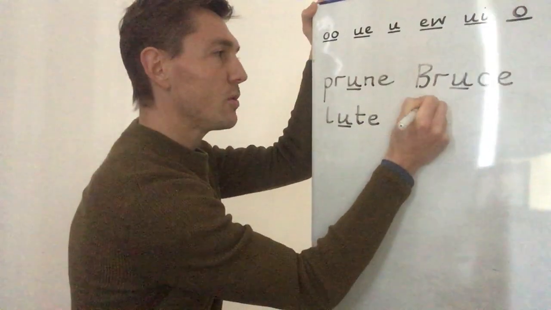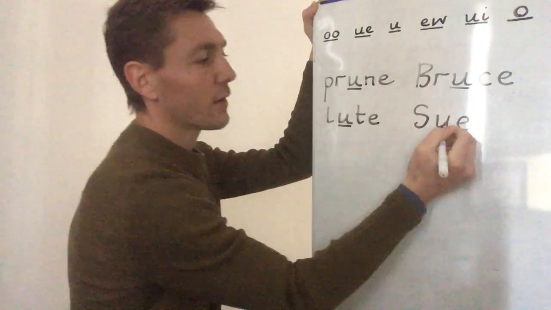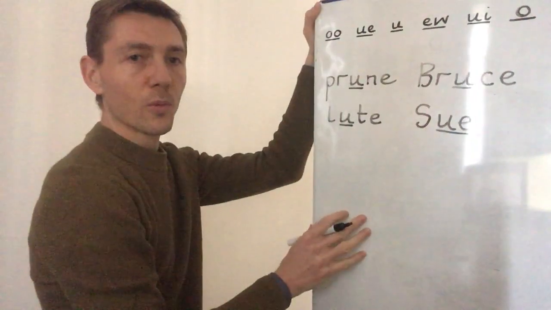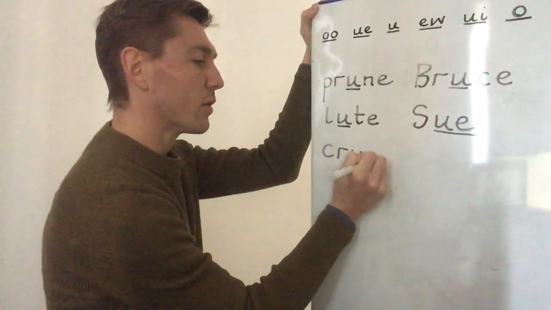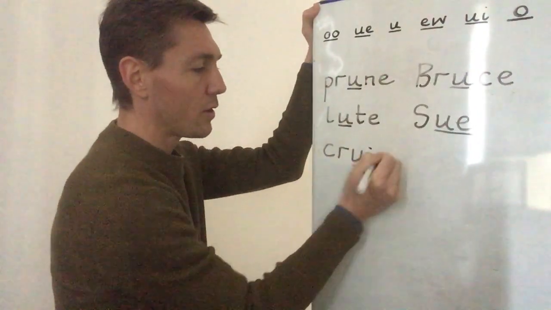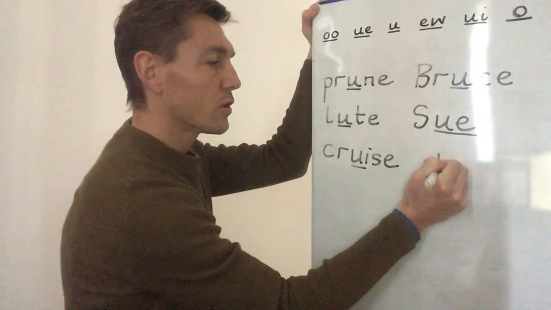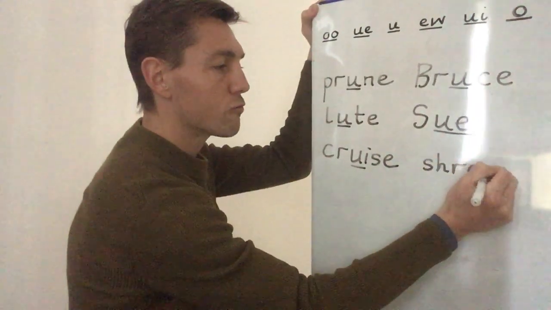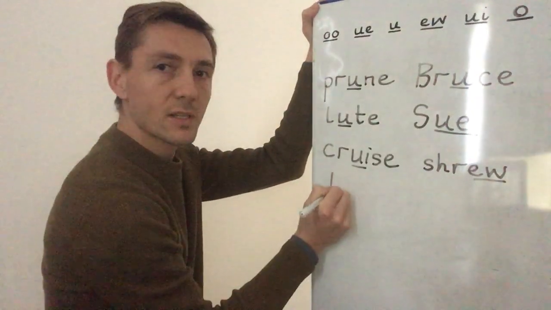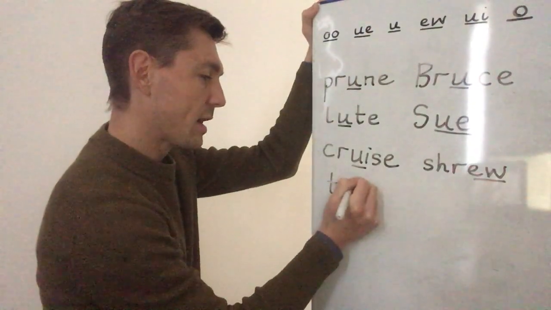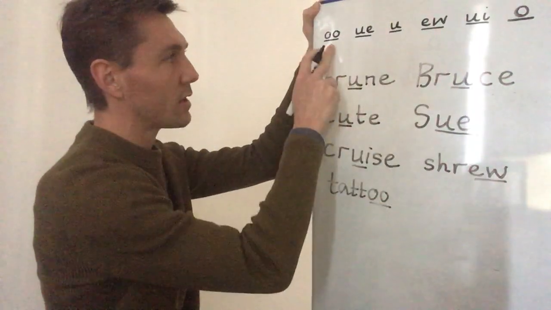We've got Sue with the ue spelling of oo. We've got cruise, k, oo, with the ui spelling of oo. Shrew, oo, with the ew spelling of oo. And we've got tattoo, t, a, t, oo, with the double o spelling of oo.